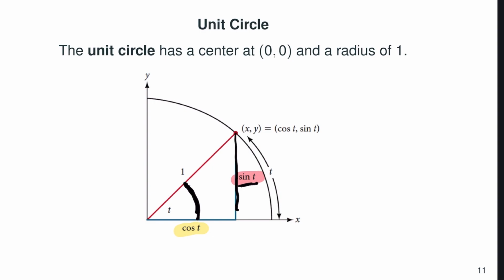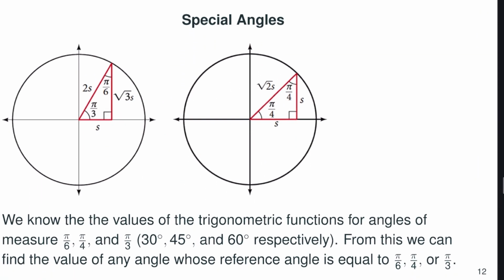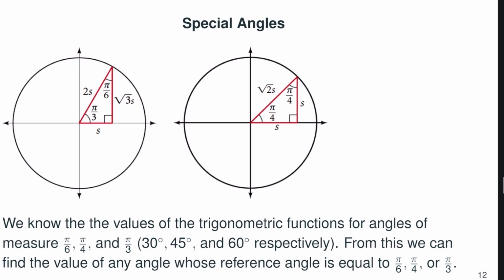Okay. So let's look at some special angles. In radians, we have pi over 4, and 90 degrees, and pi over 4. Here we're now relating to a triangle.